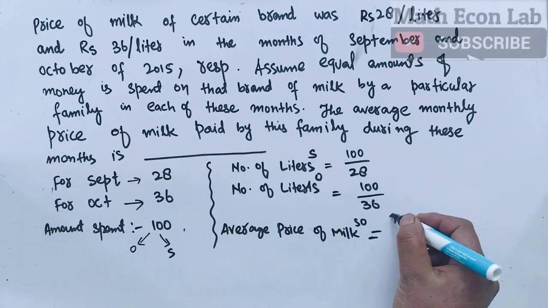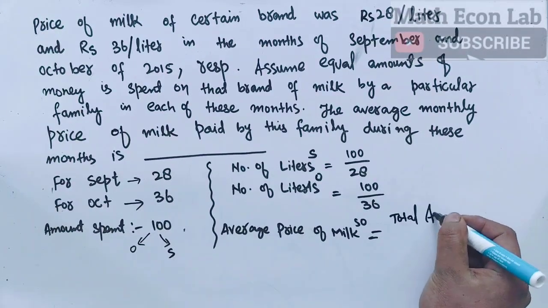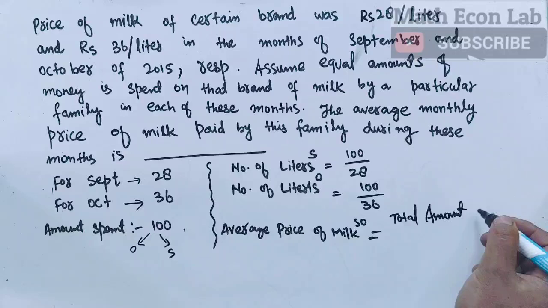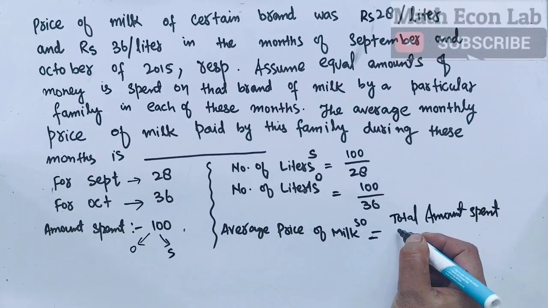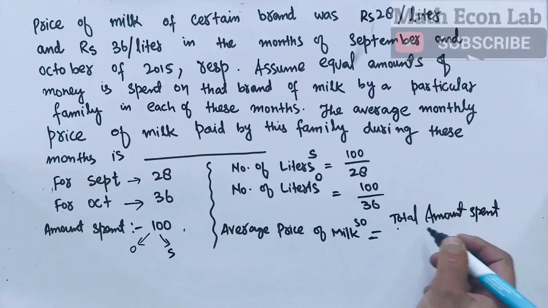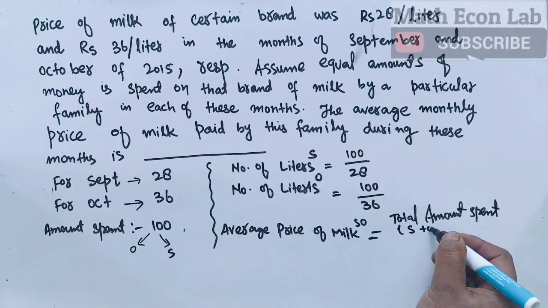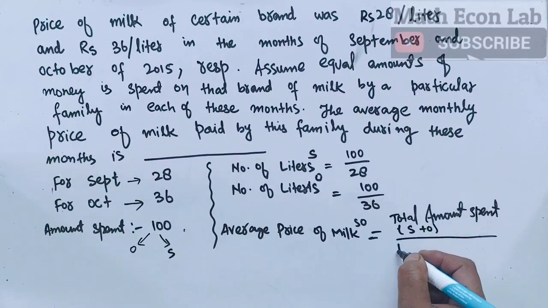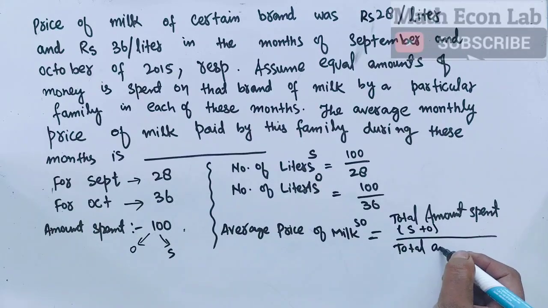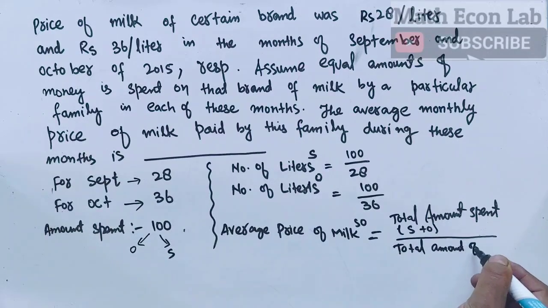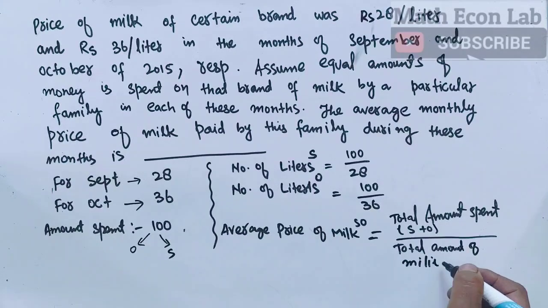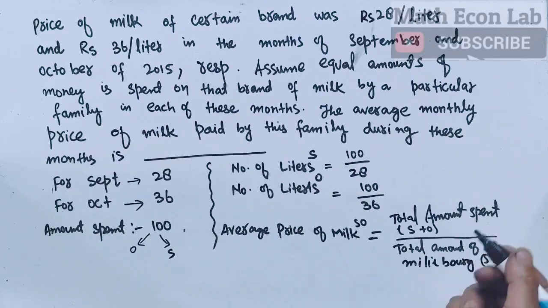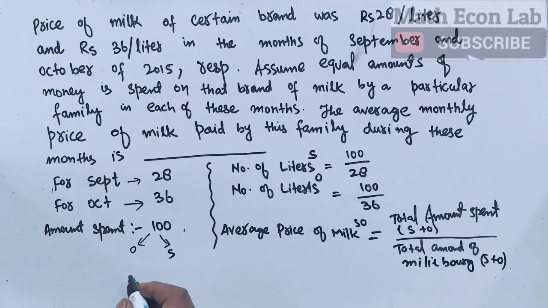So that will be equal to total amount spent, that is September plus October, divided by the total amount of milk bought for these months September and October. That will give us the average price.